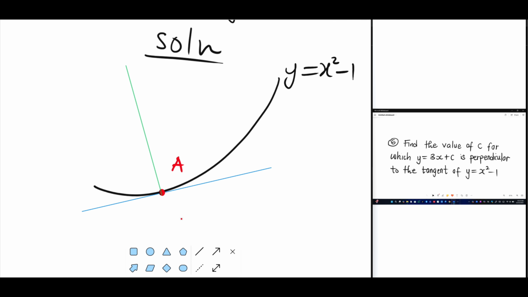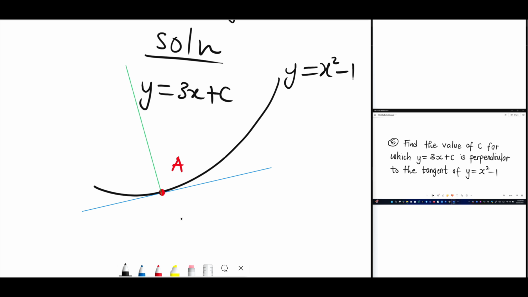The line in green becomes the normal, since it's perpendicular to the tangent. So this is our line y is equal to 3x plus c.